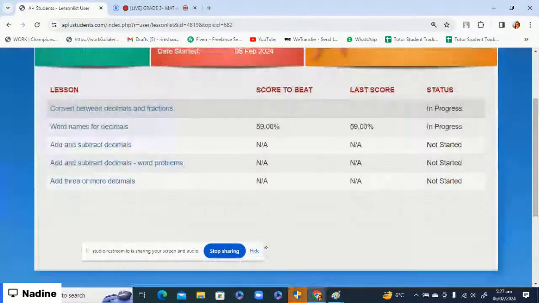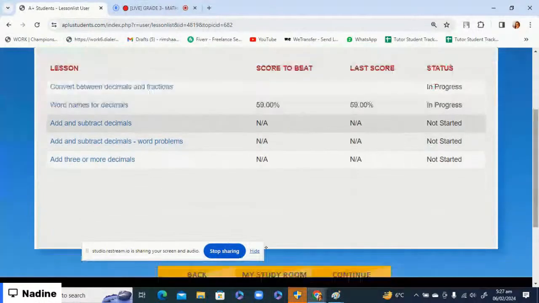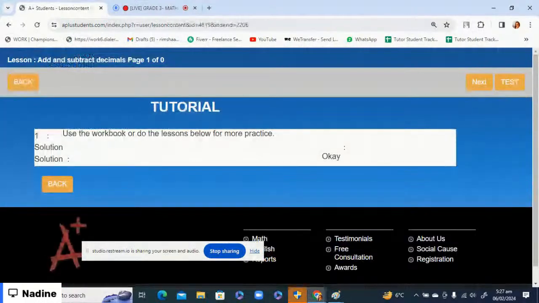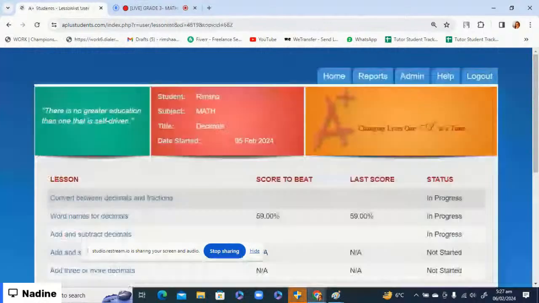So we have done converting between decimals and fractions, and word names for decimals. Now add and subtract decimals. Okay. So how can we add the decimals and how can we subtract the decimals? We are using this way.